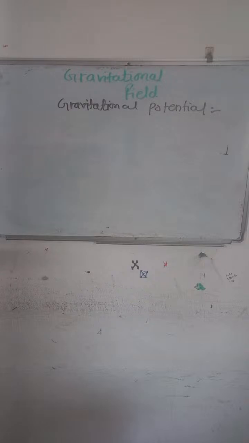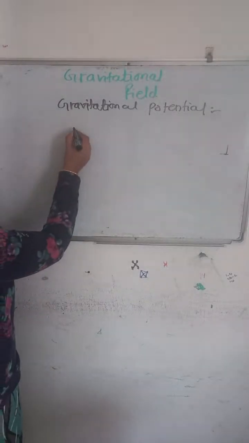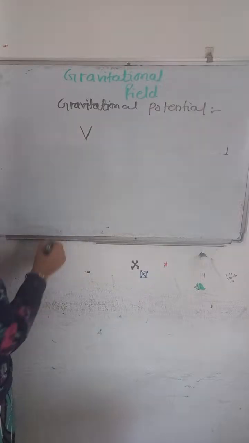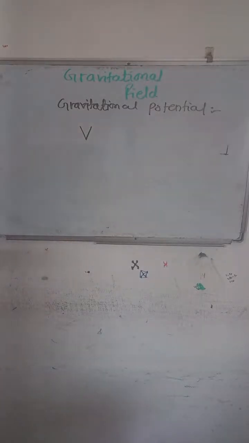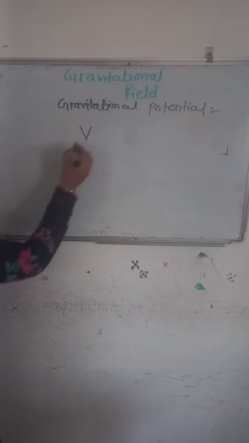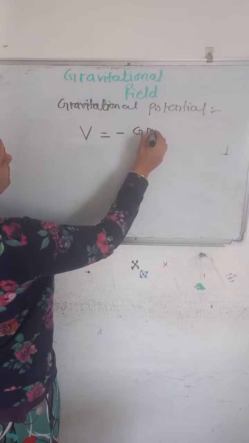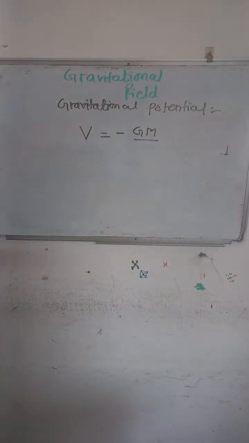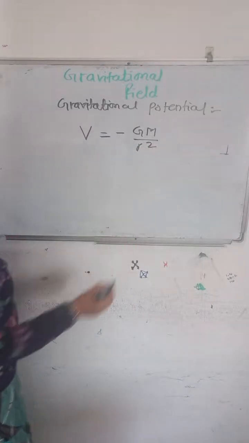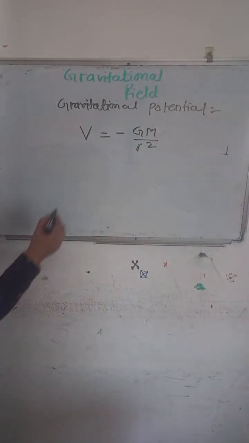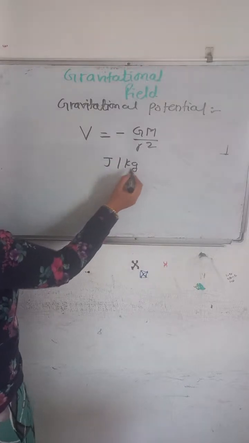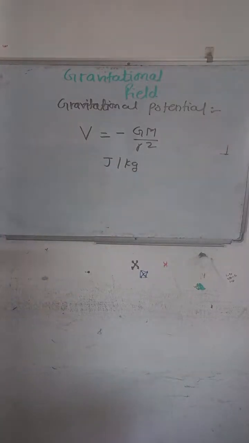So here we can write V, gravitational potential, which is denoted by the letter V. Gravitational potential energy is different and gravitational potential is also different. So gravitational potential is equal to minus GM upon r, and its unit is joule per kg.